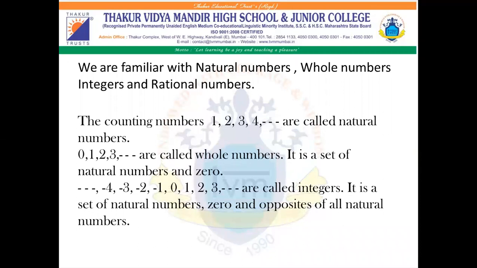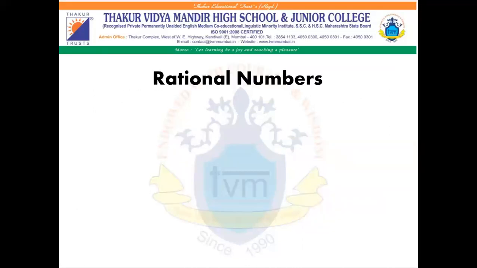-5, -4, -3, -2, -1, 0, 1, 2, 3, and so on are called integers. Integers is a set of natural numbers, 0, and opposites of all natural numbers. Rational numbers.